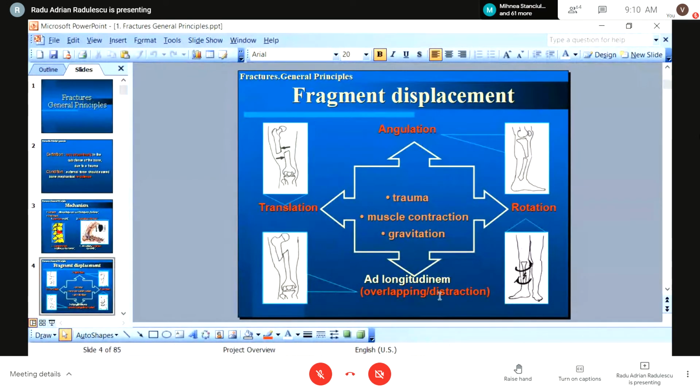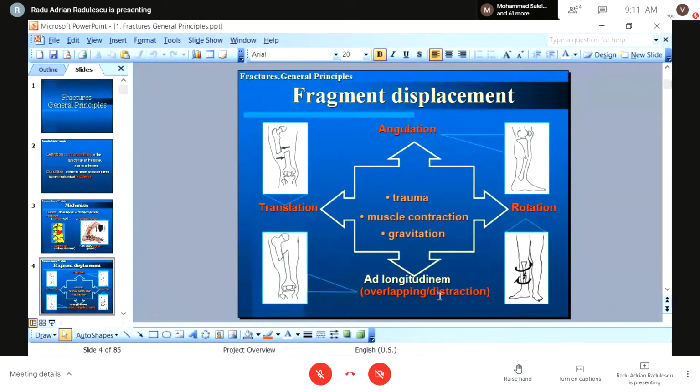The displacement of the fragments depends mainly on the muscle traction over those fragments. So usually the displacement at a fracture site is done by the muscles which are inserted on those fragments.